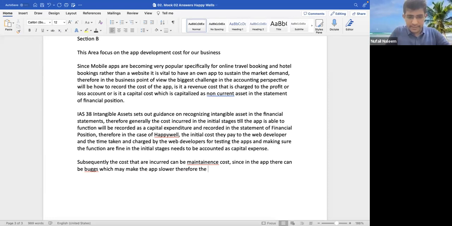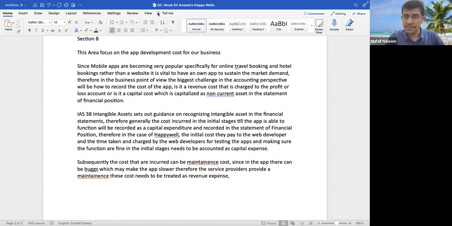Therefore, the service providers provide a maintenance. These costs needs to be treated as a revenue expense. These costs needs to be treated as revenue expense.